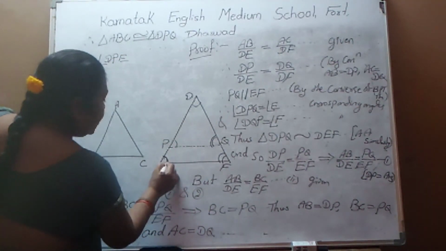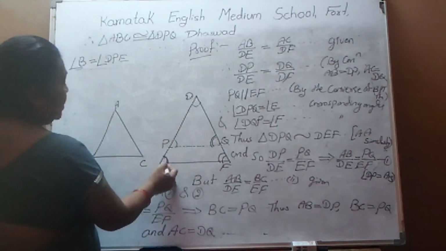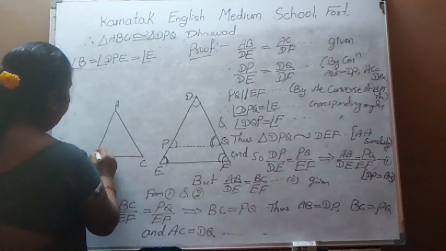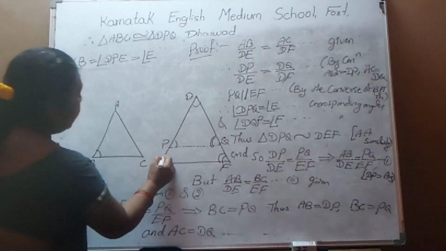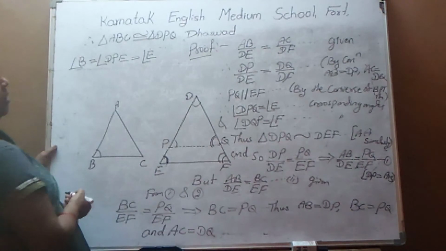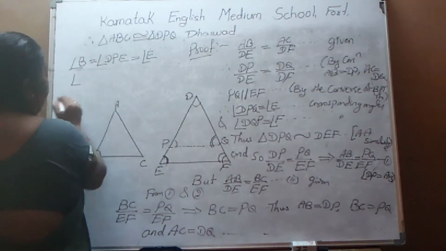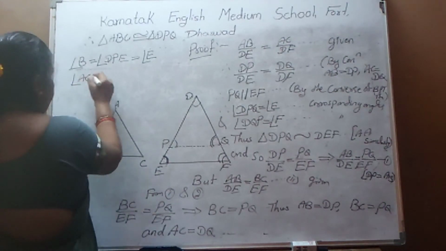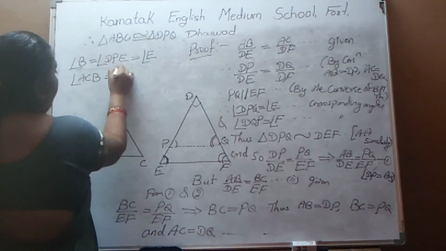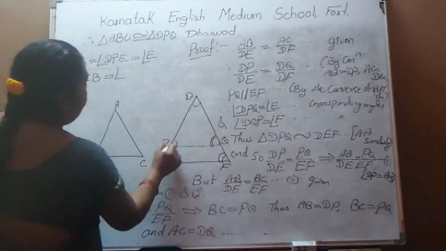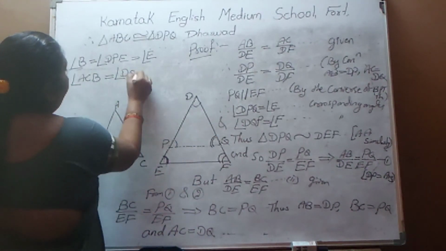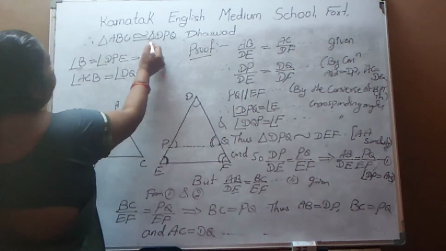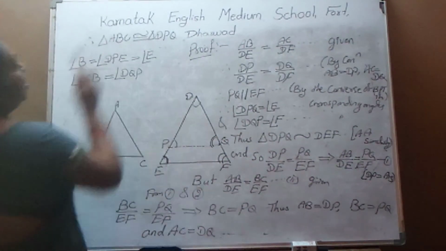So that also equal to, first only you proved this angle, so this angle equal to angle E. Totally angle B equal to angle E. And angle ACB equal to angle DQP, because you proved these two triangles are congruent.